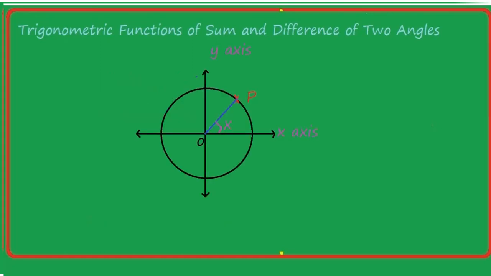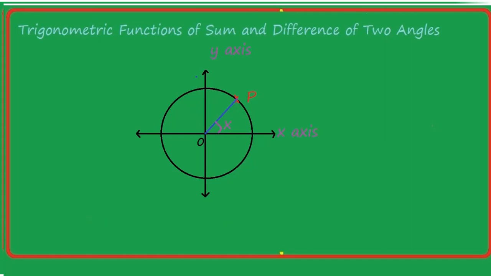Moreover, if P is any point on the unit circle such that the angle made by OP with the positive direction of x-axis is x, then what is the coordinate of P? You know, if the coordinate of P is (a, b), then cos x is equal to a and sin x is equal to b.